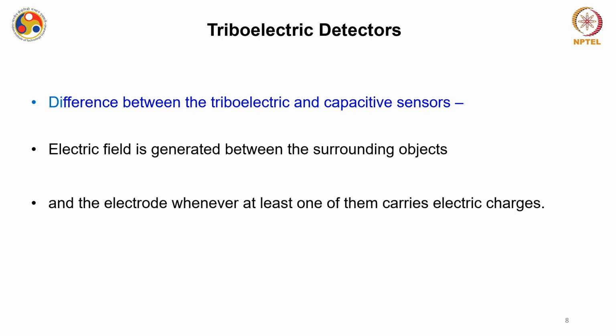Okay, so an electric field is generated between the surrounding objects when there is a plate. We have seen the example already, and the electrode, whenever at least one of them carries an electric charge. So when there is an electrode and some surrounding objects, it will form capacitance with each and everything. There is capacitance associated with each and everything when the electrode carries some electric charge, be it negative or positive.